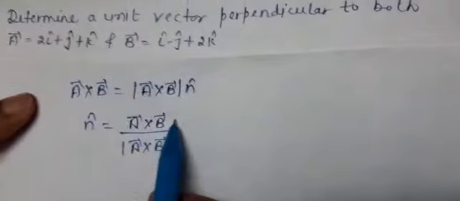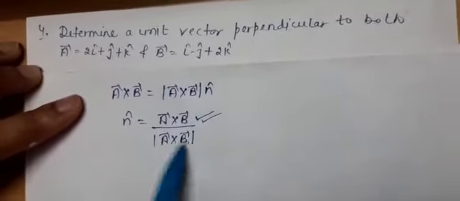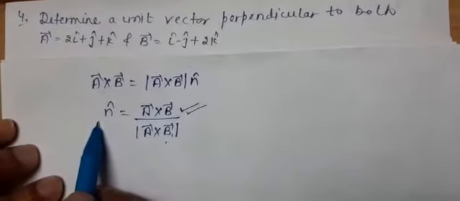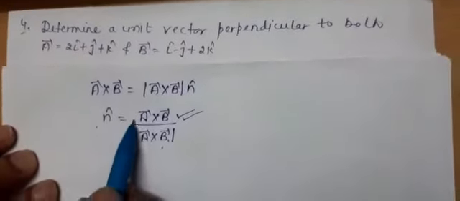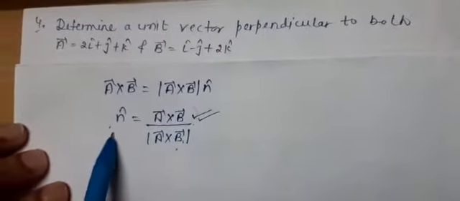Now what you have to do is simply first find the cross product, then take the modulus of this cross product, take the ratio, and you will calculate the unit vector. So the method is quite simple. Try to solve it yourself, do the calculations, because this is a main important point. If you are able to calculate it, then definitely you will reach the result.